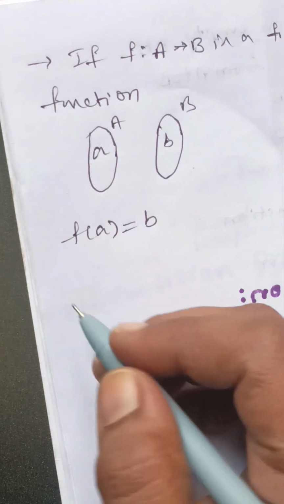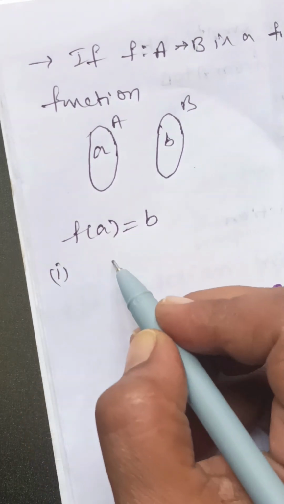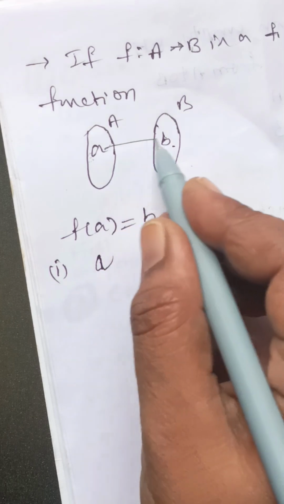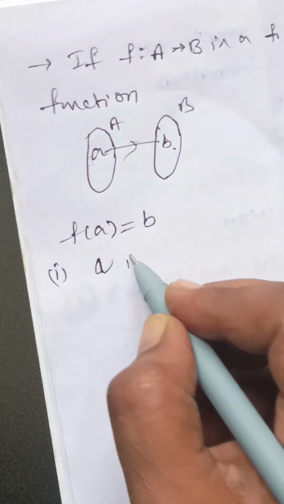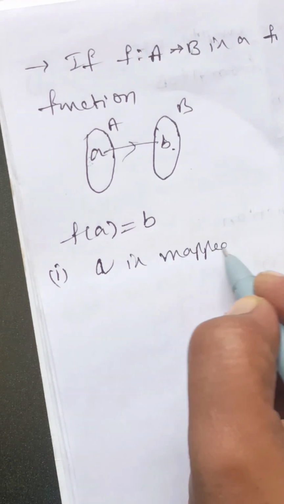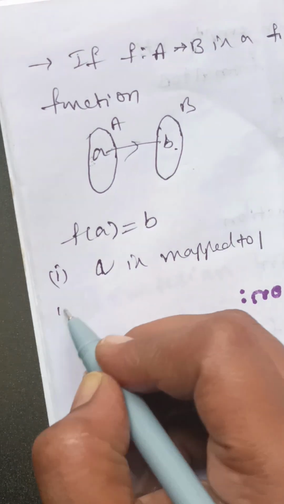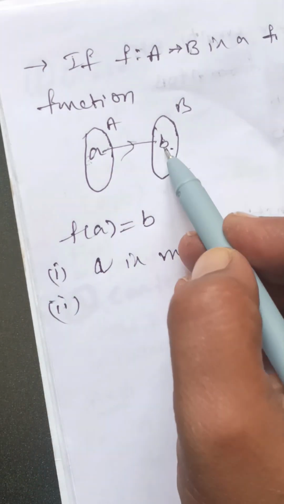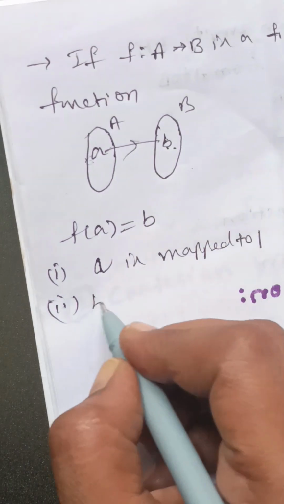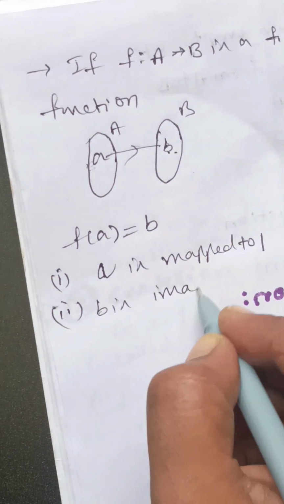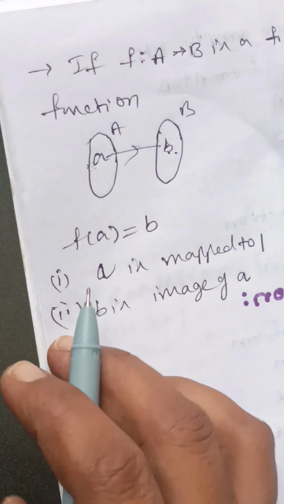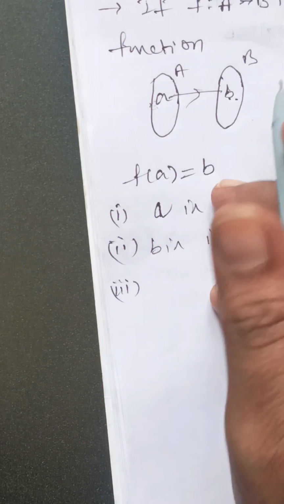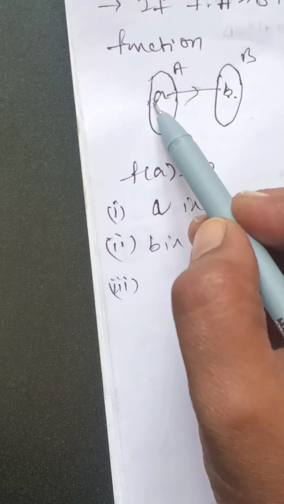Then we can read a is mapped to b. And in another way we can read it as b is the image of a. And we can also read it as a is the pre-image of b.